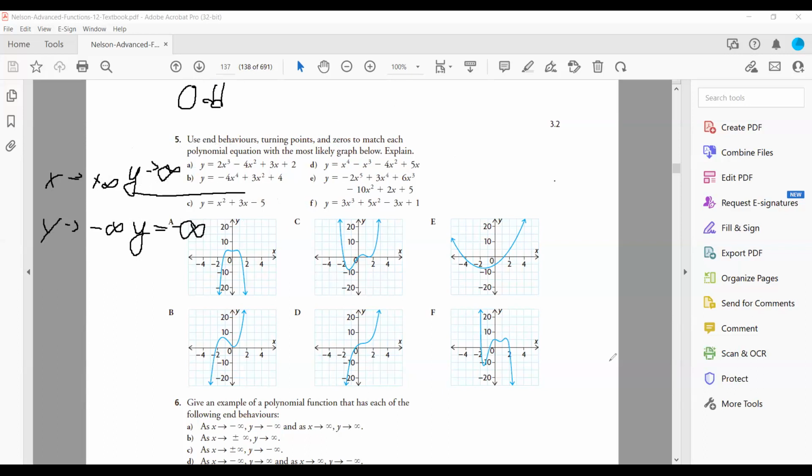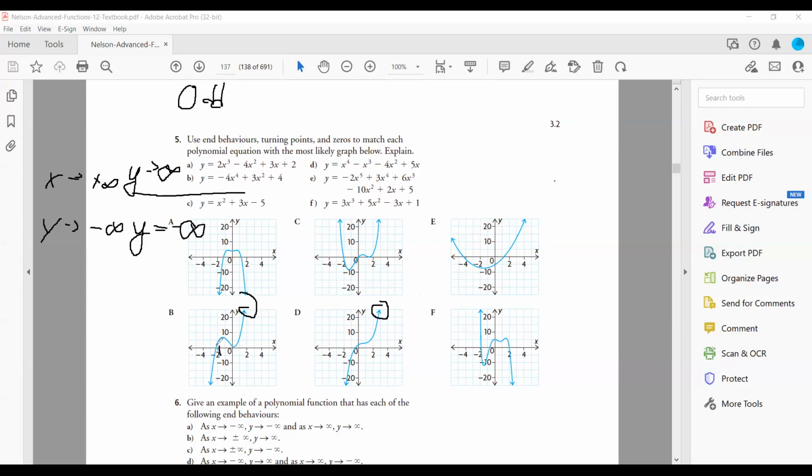So let's take a look at the graphs we have. We should see that right side of a graph pointing to the positive infinity and left side of a graph pointing to the negative infinity. Example D can match. Example B can also match. And that's it. No other graphs will match. But now let's take a look closer.